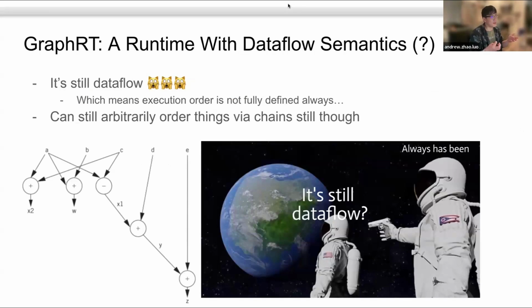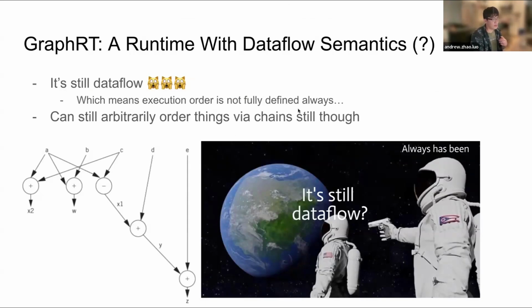What does this mean to people who are not aware? Well, semantically, the execution order is merely constrained by data dependencies, but it's not fully defined in the exact ordering in which certain functions are going to be operated on. So if you have this graph on the left-hand side, you have a bunch of data, which are these A, B, C, D, and E's, and then you have nodes representing operations.